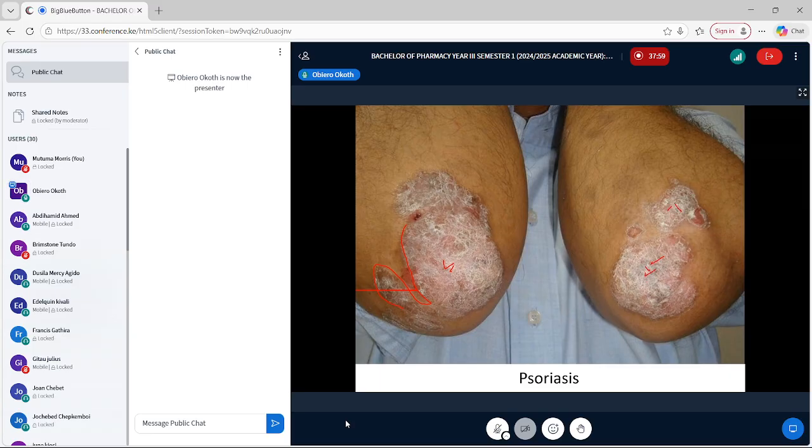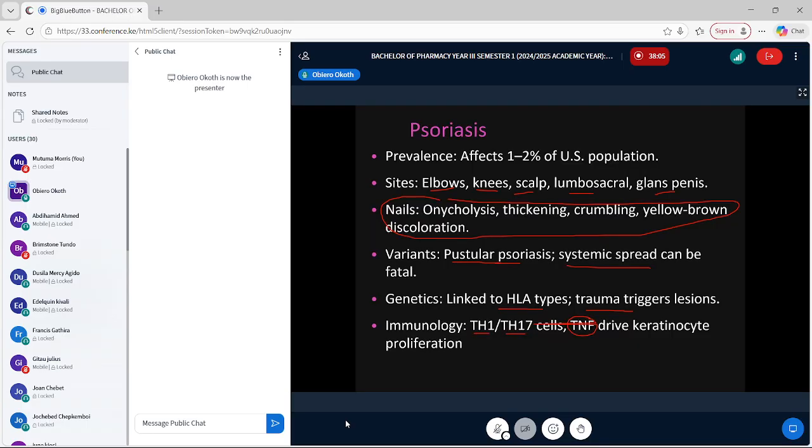This is a plaque psoriasis. Okay, we think this is an immunological response or an abnormality to HLA subtypes. And these patients do respond to immunomodulators, including anti-tumor necrosis factor alpha, like etanercept.